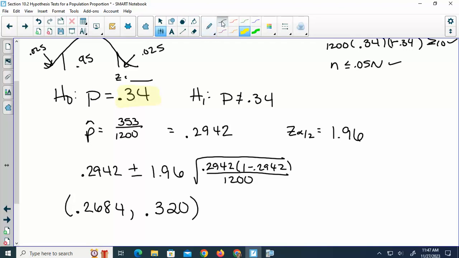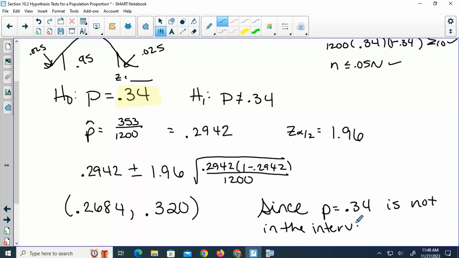No. So we are 95% confident it should fall between those. Since our value isn't in there, we would reject.